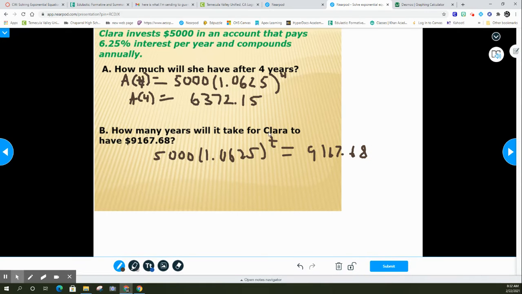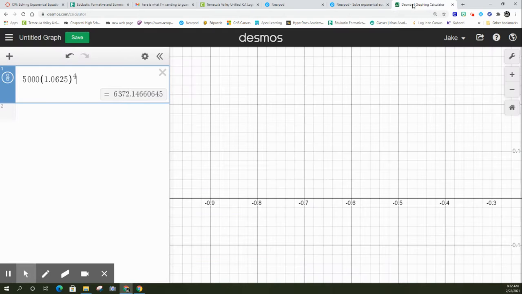So obviously we want to be able to isolate t. But if we can't do that, then what do we need to do? We could just make a table of values. So we could go back to Desmos and plug in t here.